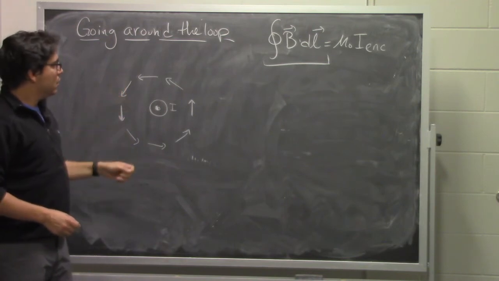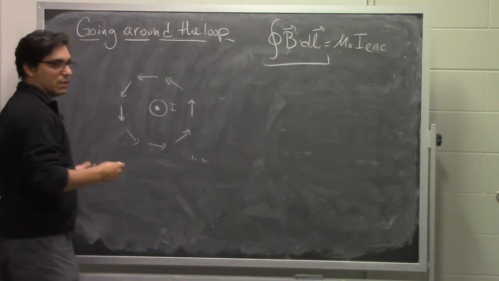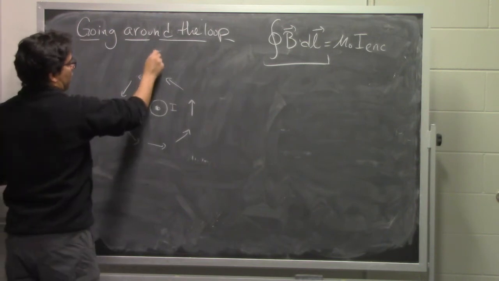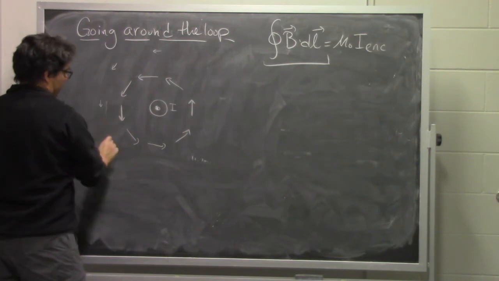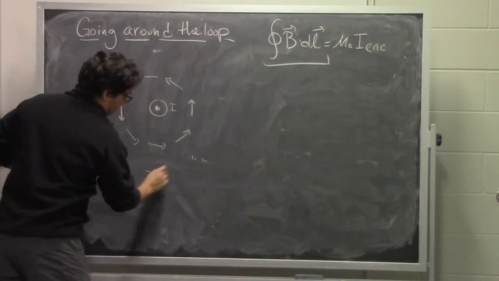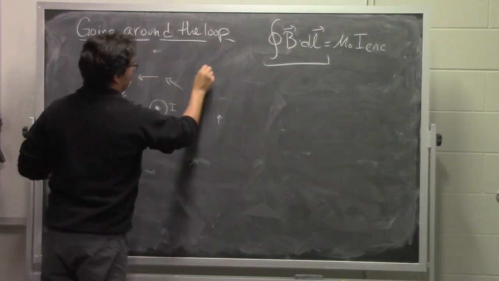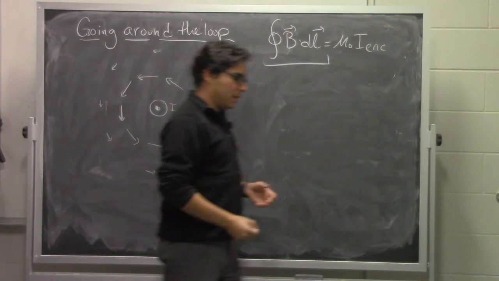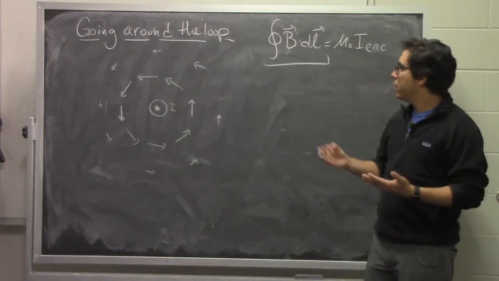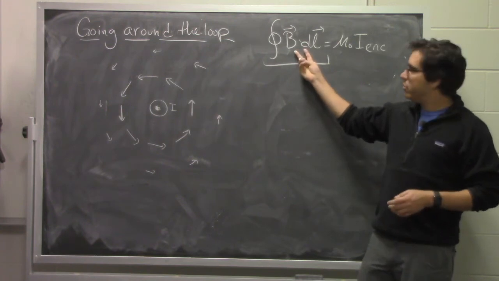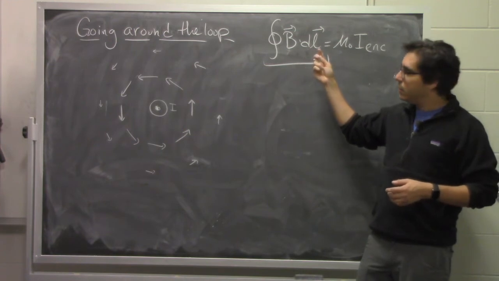If instead we pick a different location, maybe something a little farther away, those magnetic field vectors are going to be quite a bit smaller as we go around, but the perimeter of the loop is larger. So there's some play between the magnetic field and the perimeter of the loop.